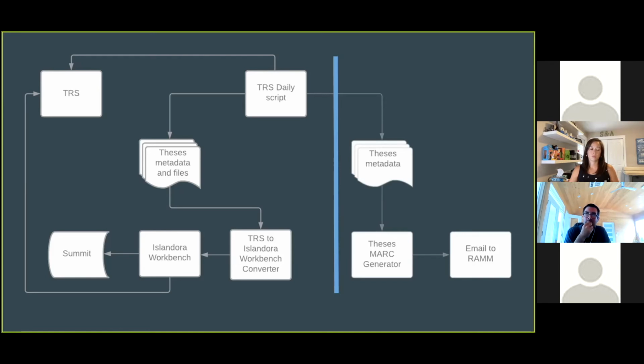And that script, its sole purpose is to take the data for the daily batch of theses and convert it into a CSV file and file structure that Workbench understands. And the CSV file will look very much like the little three-item CSV file that I demonstrated a few minutes ago. So that job runs and creates the input data in effect for Islandora Workbench.